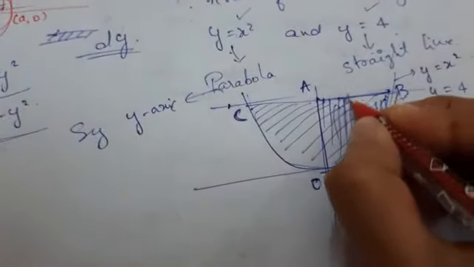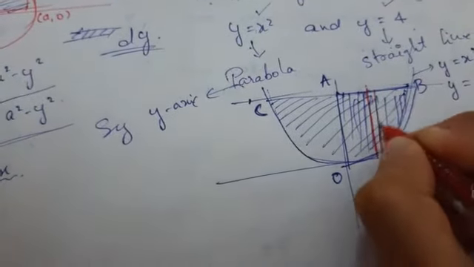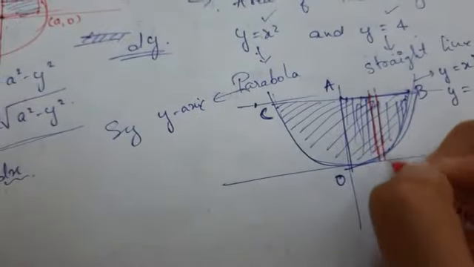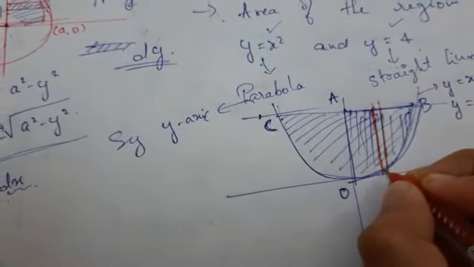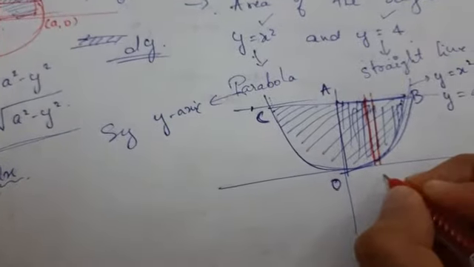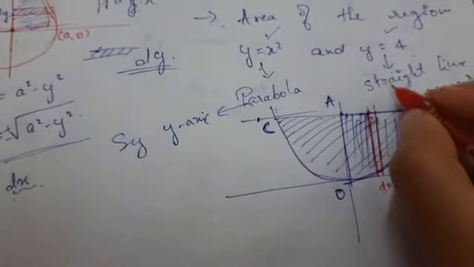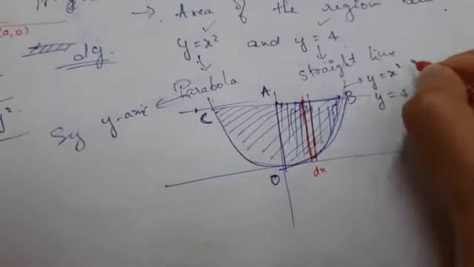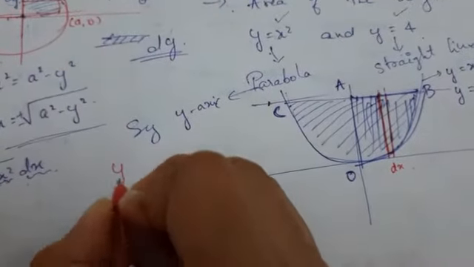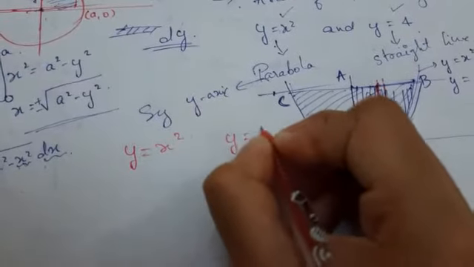So now I am drawing one vertical strip here. The width of this vertical strip is dx, and the length is nothing but y. What data do we have? We have the curve y is equal to x square, and another, y is equal to 4.